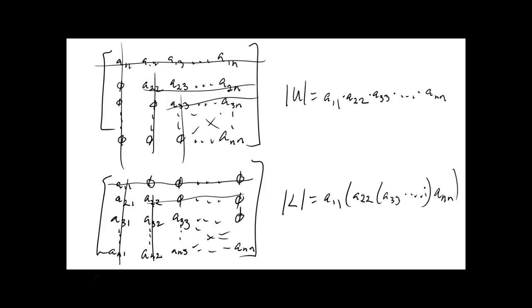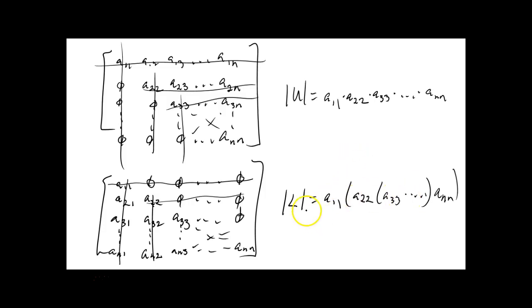So, theorem 3.2, if A is a triangular matrix of order n, has to be square, remember, then its determinant is the product of the entries on the main diagonal, always. We just sort of walked through it.